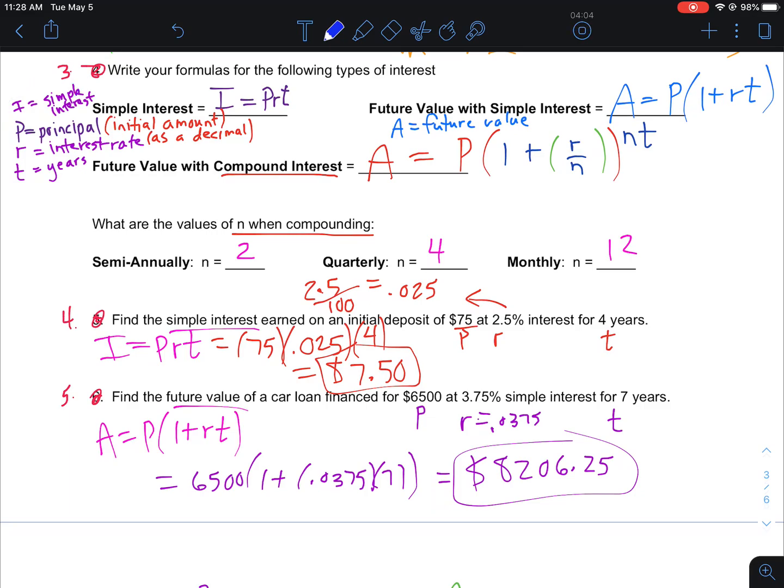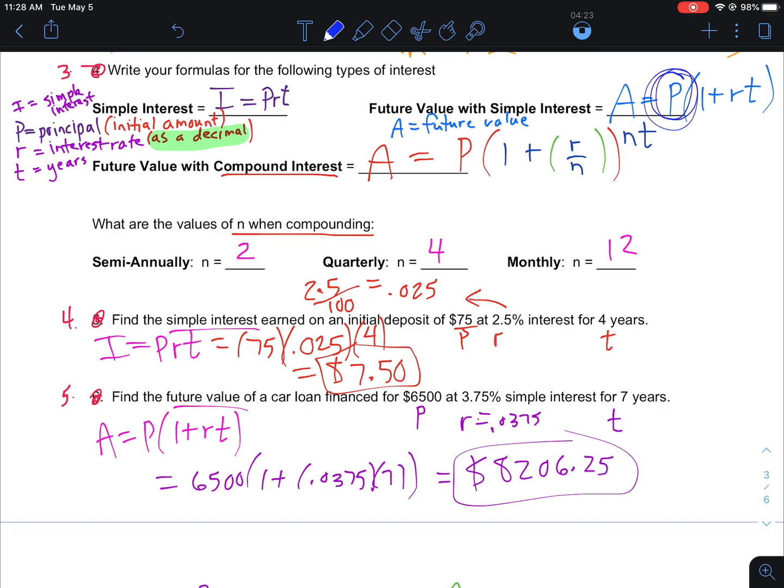So P or principal is always that initial amount of money. R is always the interest rate, and very important to remember it's as a decimal. You'll see that throughout these notes. Time is always measured in years. So here we go, and that's universal for all of these formulas. So that was simple interest.